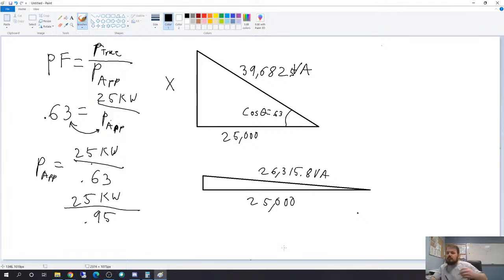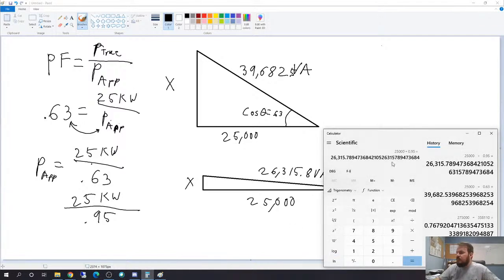So what changes is this side. We need to find those two sides and find the difference between them. That's very simply Pythagorean theorem.